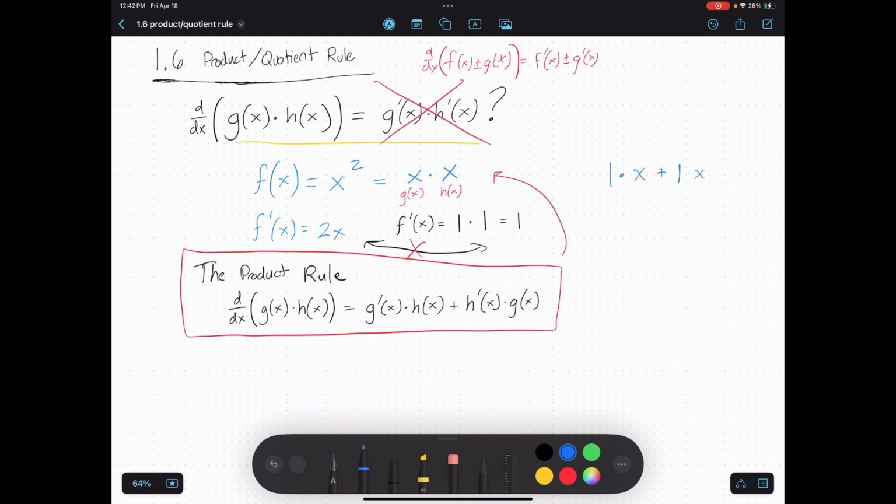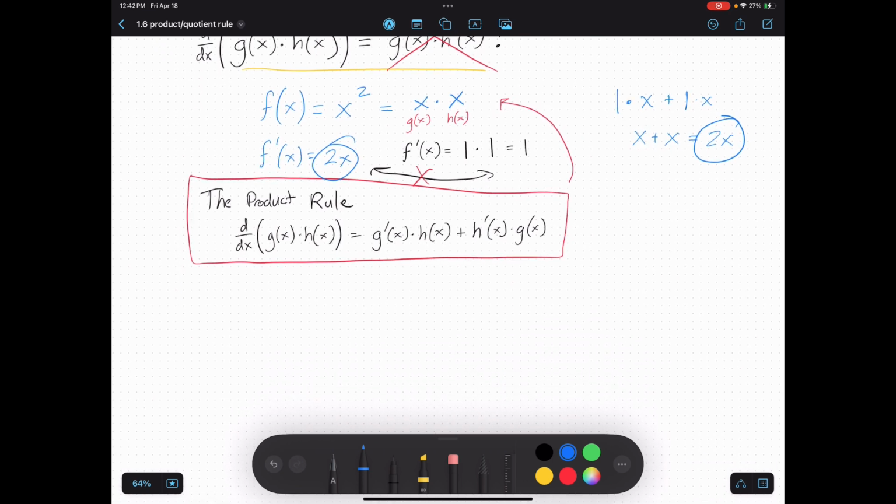So I get 1 times x plus 1 times x, which is x plus x, which is equal to 2x. And sure enough, I get the same thing that I got when I used the power rule. And so we can see that this rule actually works if you have two functions that are multiplied together.